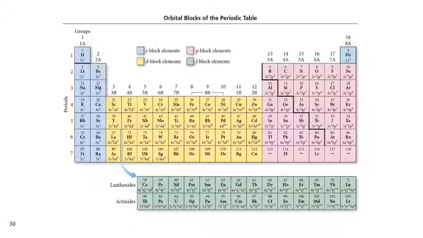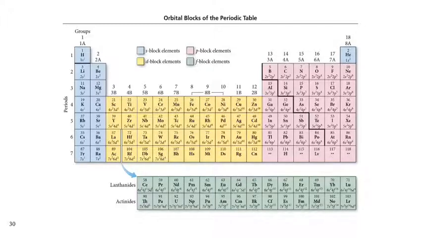Now, how many electrons fit in an S sublevel? 2. How many columns are in this section? 2. How many electrons fit in a P sublevel? 6. How many columns in this pink section? 6. How many electrons fit in a D sublevel?